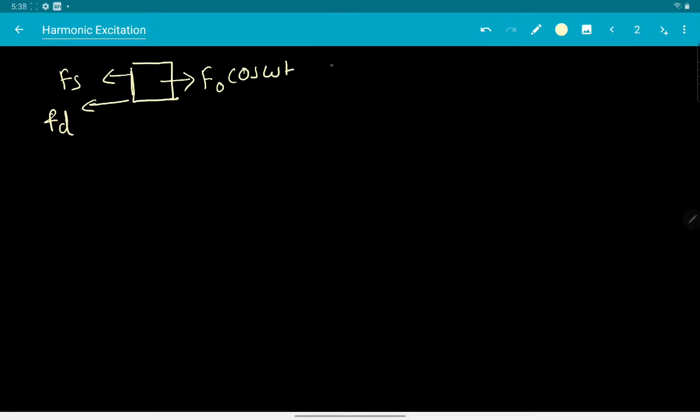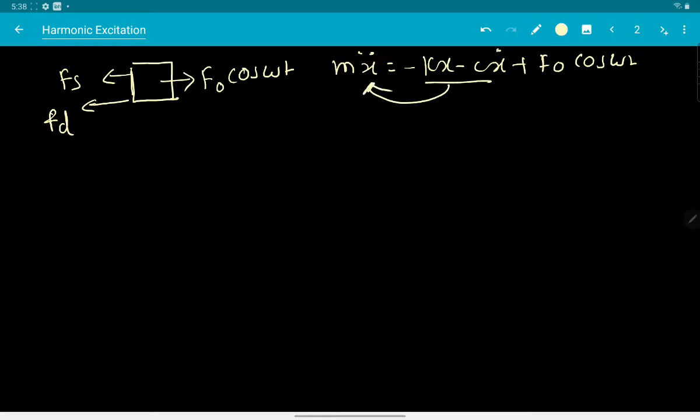Taking care of that, you will write m x double dot equals minus kx minus c x dot plus f0 cosine omega t. Taking these two terms to this side, you get the equation m x double dot plus c x dot plus kx equals f0 cosine omega t.